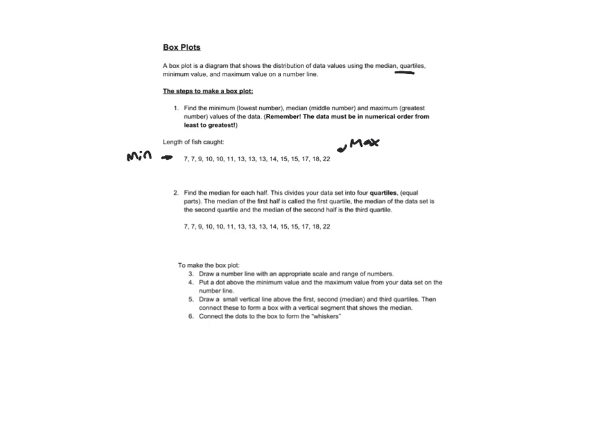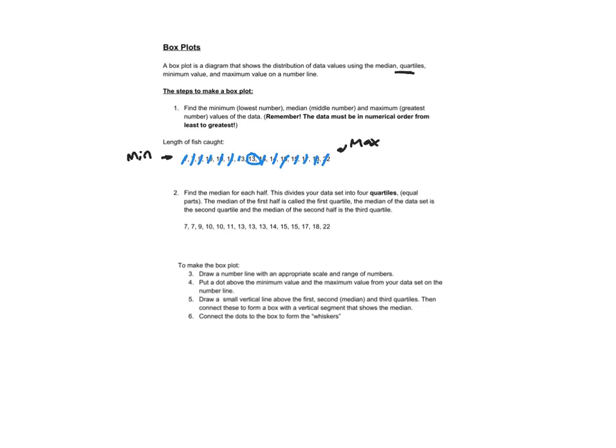So to find the median, we're finding the exact middle. So if we just go through and move our way through, working our way to the middle, I have 7 on either side of this number 13.